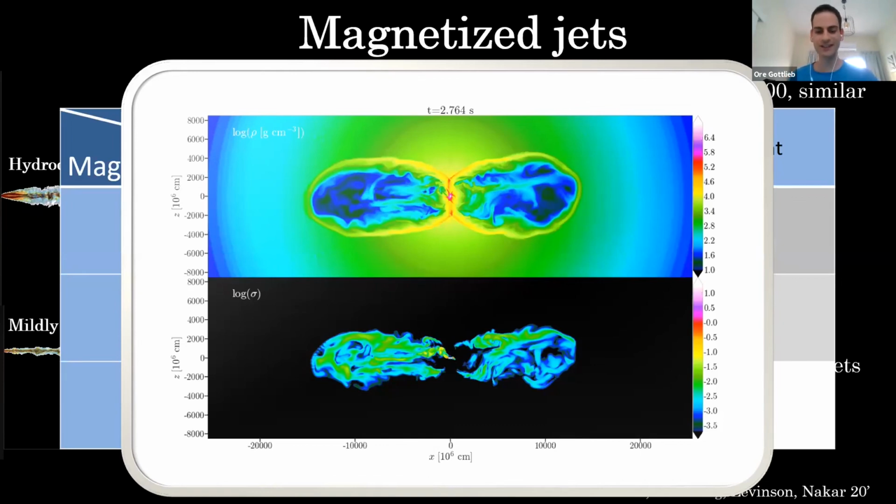That depends, in turn, on the mass of the star and on the density profile of the star. The steeper the density profile, the higher the density in the core of the star, and the larger the magnetic field that you need. And the shallower the density profile, the lower the magnetic field that you need. So for our canonical parameters, the initial magnetic field at the core of the star is about 10 to the 14 Gauss, but this again can vary depending on the progenitor parameters.